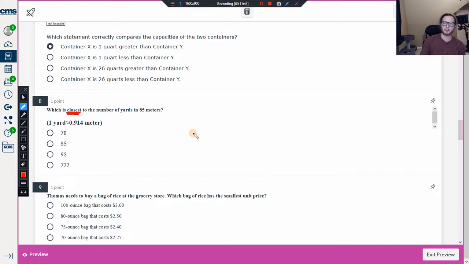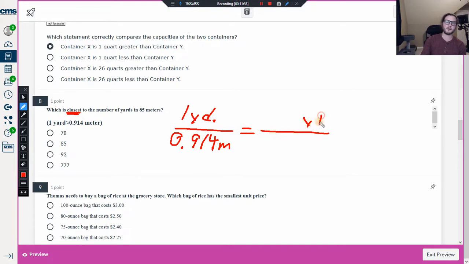But we're going to set up a proportion here. We know 1 yard is going to be equal to 0.914 meters. And we're going to try to figure out how many yards are going to be in 85 meters. Does this setup look familiar? Because it should.